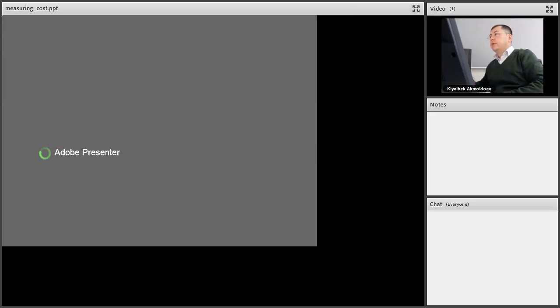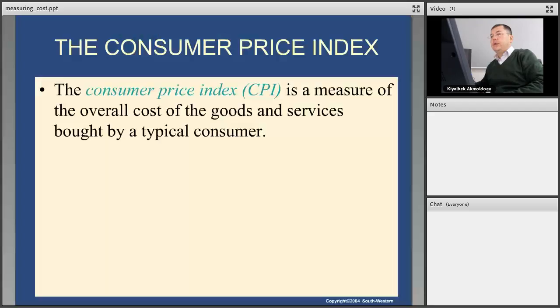So let's go on. The consumer price index (CPI) is a measure of overall prices, the cost of the goods and services bought by a typical consumer.